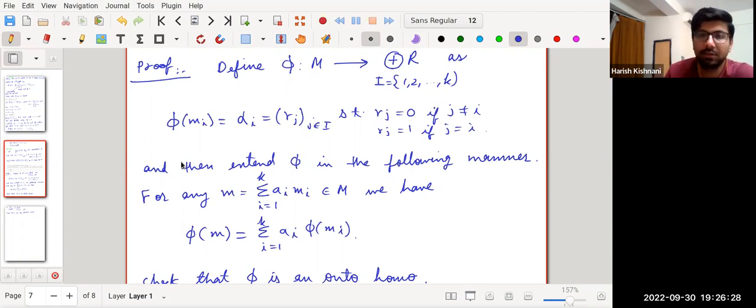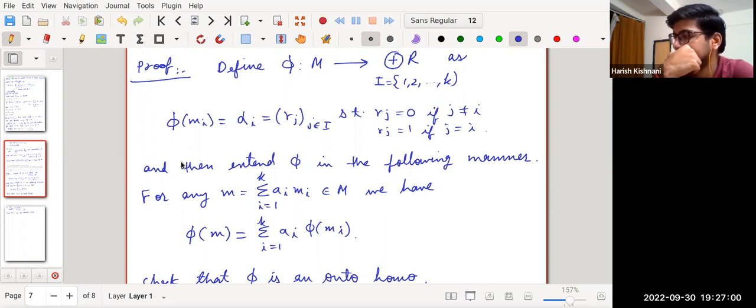Yes, I'm a bit confused here. So from M to R, you have a map such that mi is being mapped to the sequences ri's. Now is this injective? Each element m you can write as a sum of mi's, but that may not be the same.